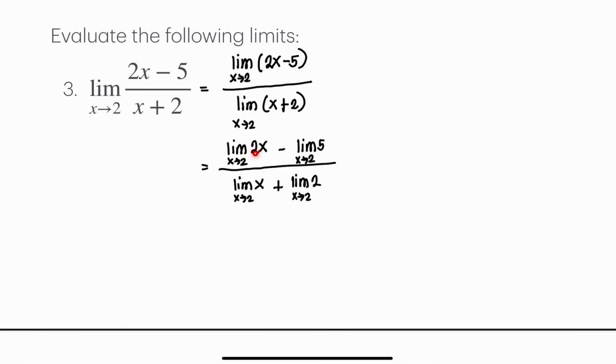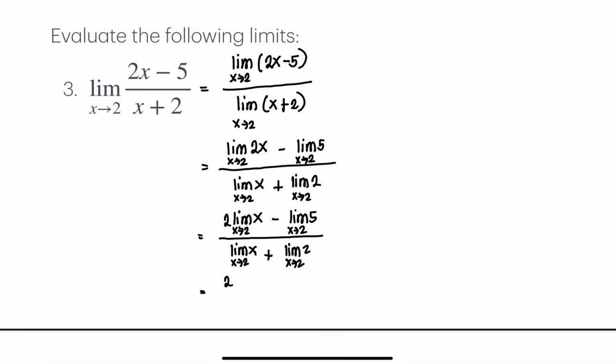And then because we have a coefficient here, we can put that outside, so that is equal to 2 times the limit of x as x approaches 2 minus the limit of 5 as x approaches 2, divided by the limit of x as x approaches 2 plus the limit of 2 as x approaches 2.